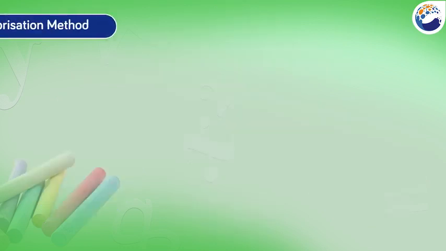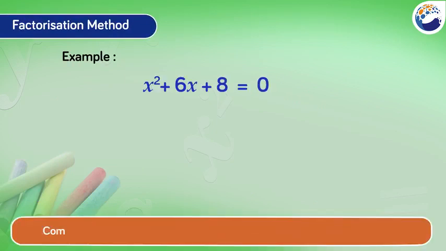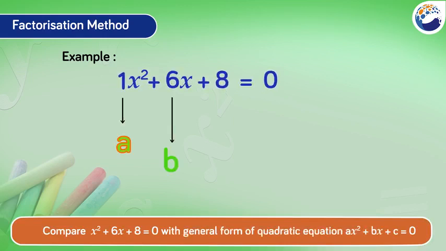Factorization method. Let us see this method with help of an example. X square plus 6x plus 8 is equal to 0. General form of quadratic equation is ax square plus bx plus c is equal to 0. Here, a is equal to 1, b is equal to 6 and c is equal to 8.